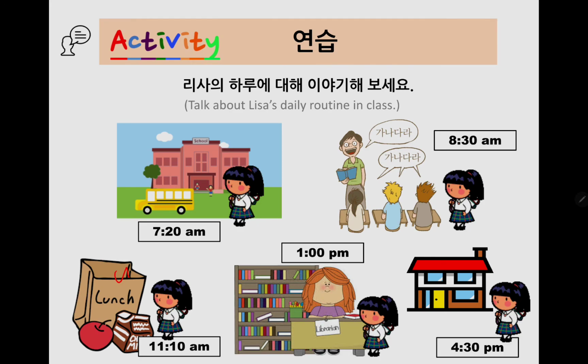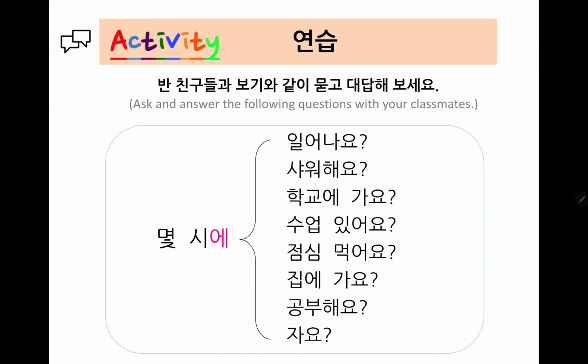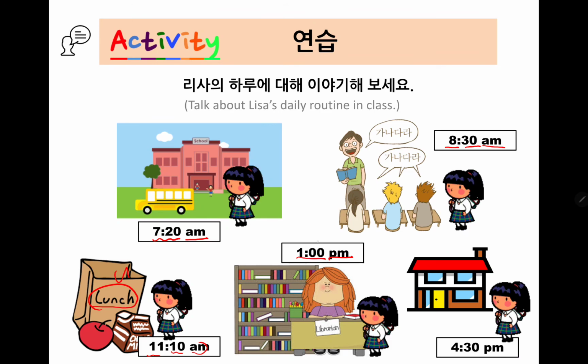One way you can do it. 리사는 오전 7시 20분에 학교에 가요. 오전 8시 반에 한국어 수업을 들어요. 오전 11시 10분에 점심을 먹어요. 그리고 오후 1시에 도서관에 가요. 그리고 오후 4시 반에 집에 가요. Okay, good.